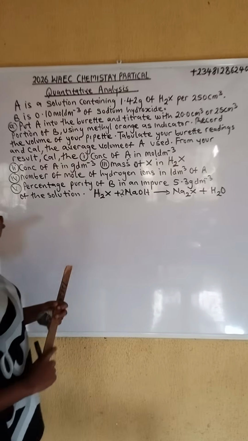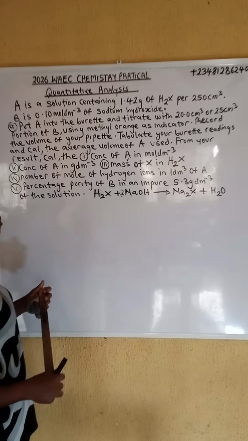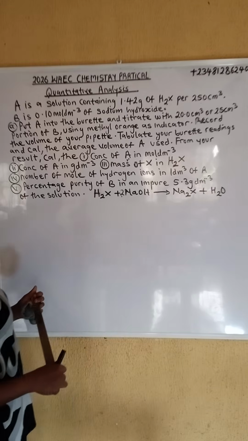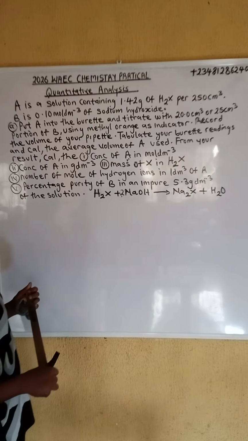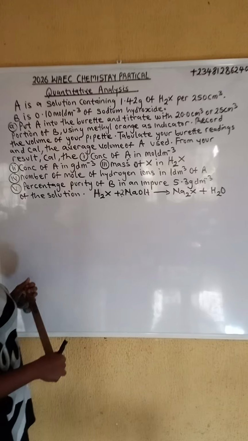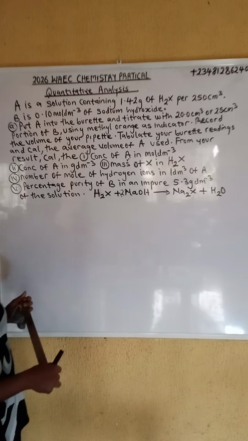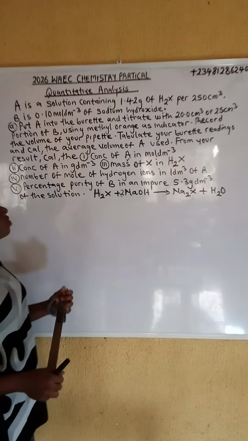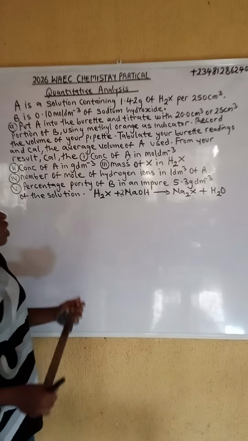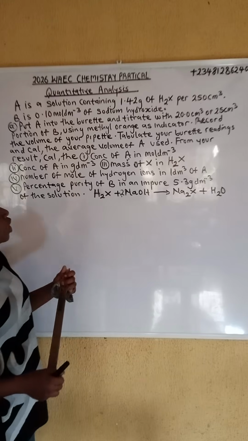Now, the first thing you are going to do, let's read the question on the board. A is a solution containing 1.42 grams of H2S per 250 cm³. B is 0.10 mole per dm³ of sodium hydroxide. Put A into the burette and titrate with 20 or 25 cm³ portion of B. Using methyl orange as indicator, record the volume of your pipette, tabulate your readings, and calculate the average volume of A used.